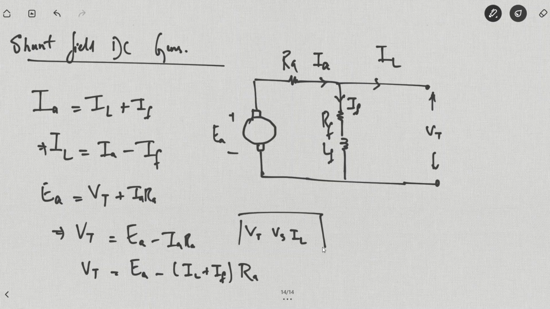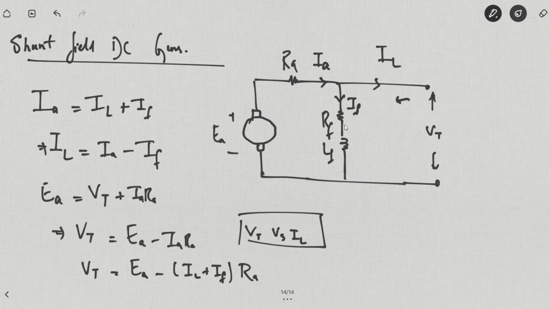So before we plot this VT versus IL graph, or VT versus IA graph, what we need to know is, in case of a DC motor, we were basically applying the terminal voltage, and this terminal voltage means current would flow in the system and IF would flow in the system.